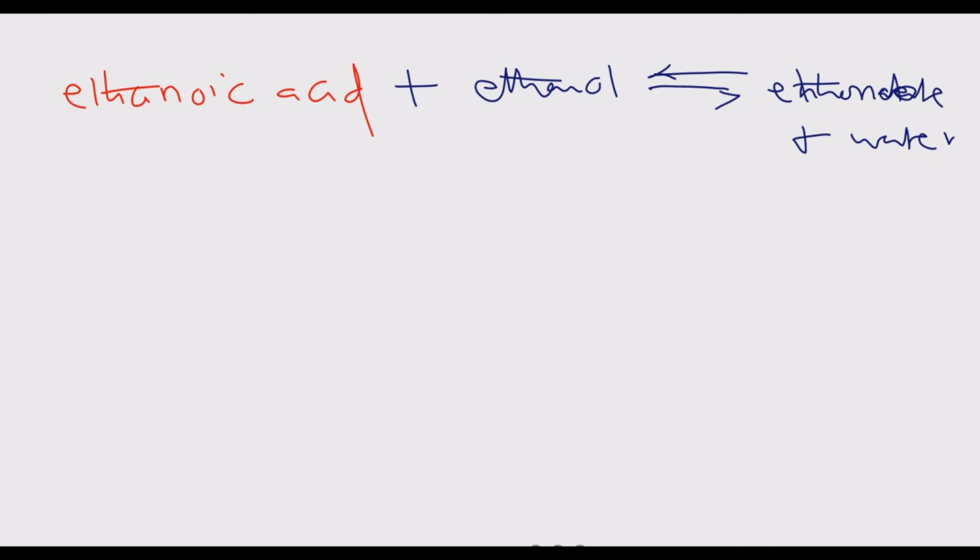So if we are to write the structures of these, we have this, which is the ethanoic acid, just helping you to make sure that you understand what is going on, so that if you come across this question in an exam, you don't miss it.